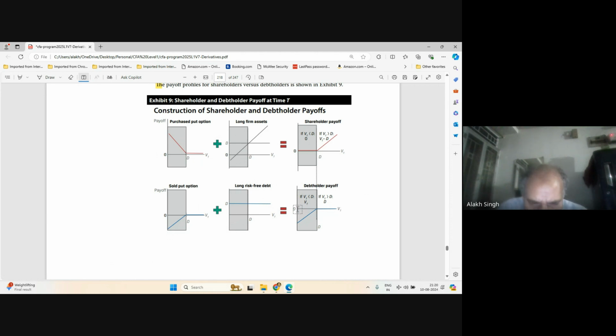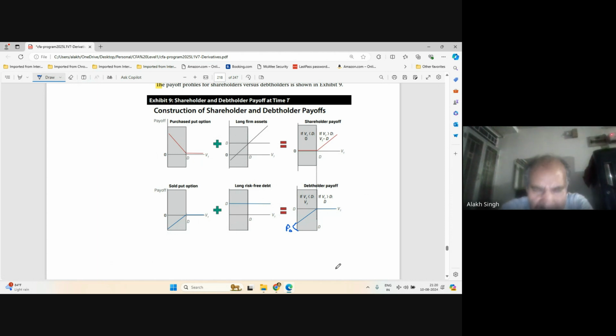Now, this D is above this D because this difference is the price of the put that they have received. This is P0, the price of the put that they sold and pocketed, above the risk-free rate.